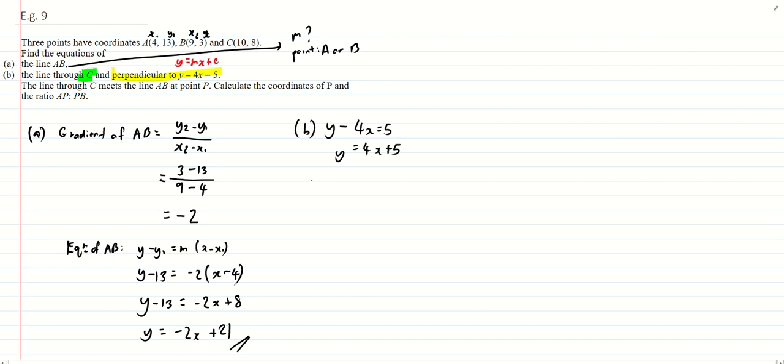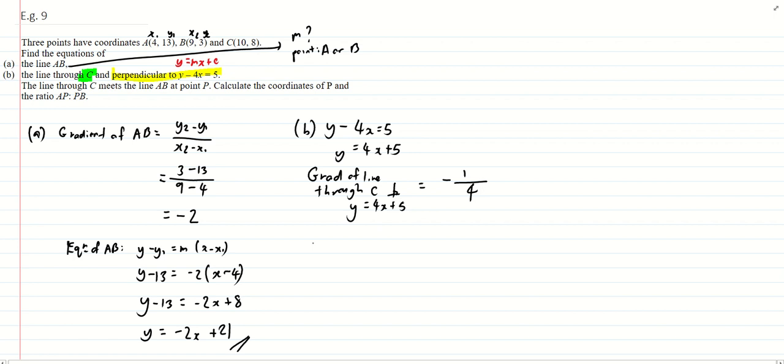To find the gradient of the line through C that is perpendicular to y equals 4x plus 5, I just need to take negative 1 divided by the gradient of y minus 4x equals 5, which is 4. So now I have the gradient is negative 1 over 4.